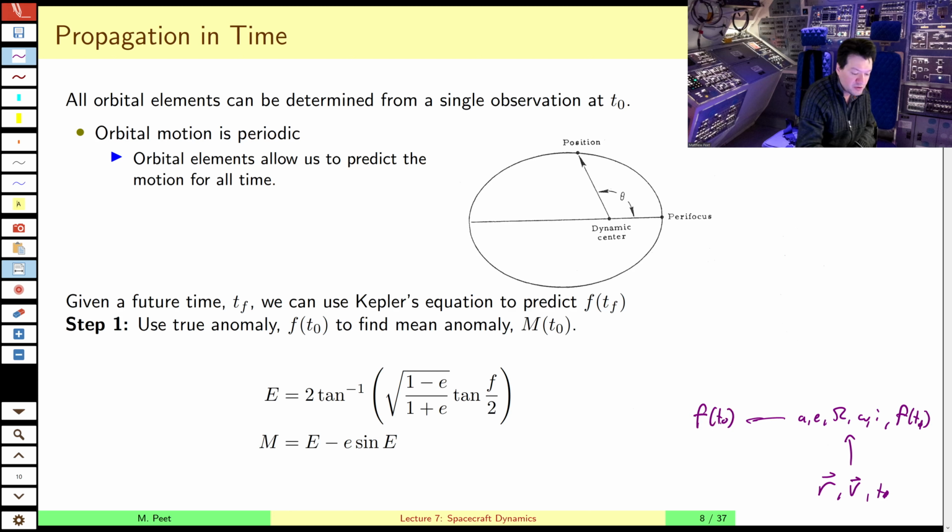Next step, of course, is to update to t2 and find the true anomaly at, not t naught, but at t2. To do that, we can't do it directly. There are various steps to go through. First step is to calculate our mean anomaly at t1. To do that, we first calculate the eccentric anomaly at t1, and that's given by this formula right here, going from true anomaly to eccentric anomaly.